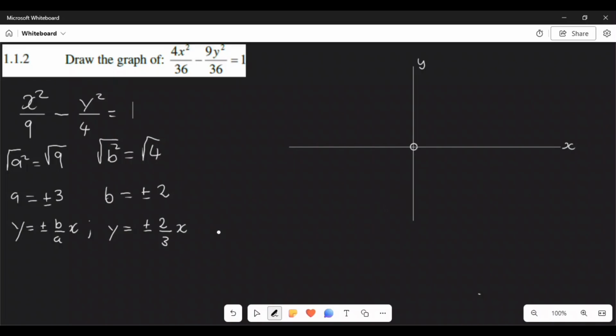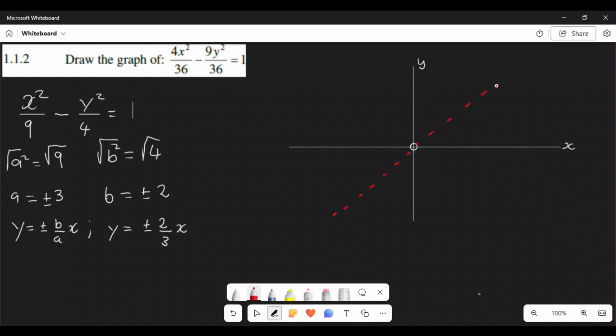Then from here, look, this graph here, we have the one that is positive. Let me just make it a dotted line. Let me try to be as accurate as I can be, guys. Okay, so it's passing at the 0 point there.